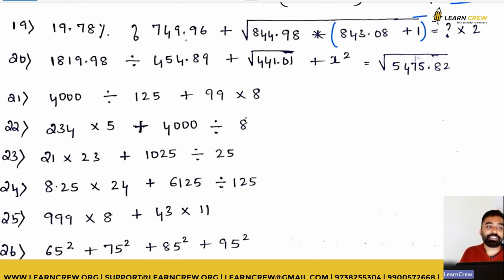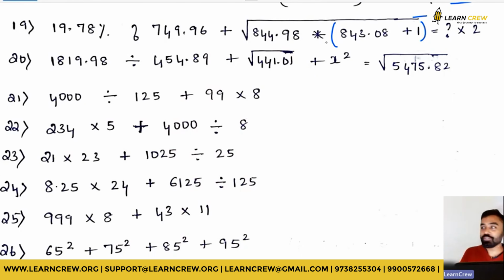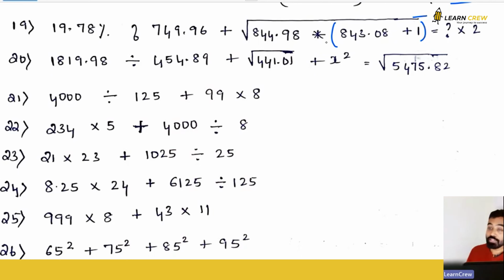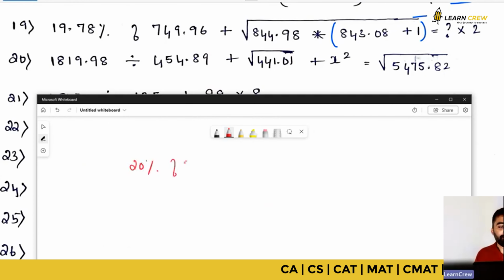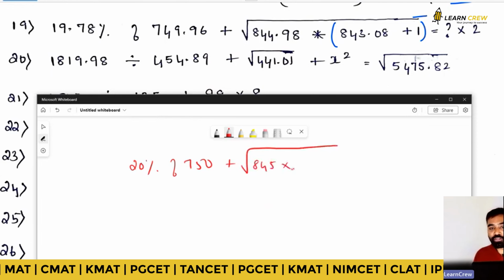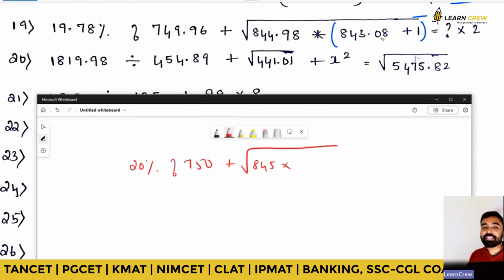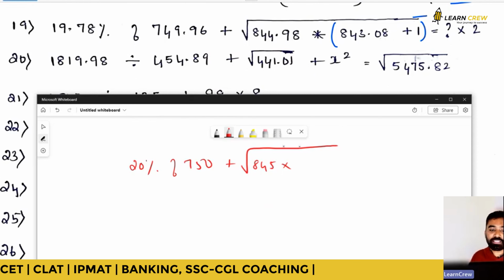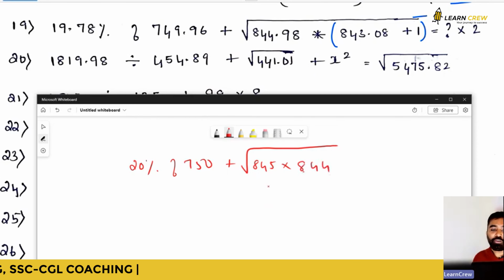So 20% of 750 plus square root of 845 into 843.08 can be written as 843 plus 1, which is nothing but 844. So now take it to the smaller number itself, 844 the whole square.